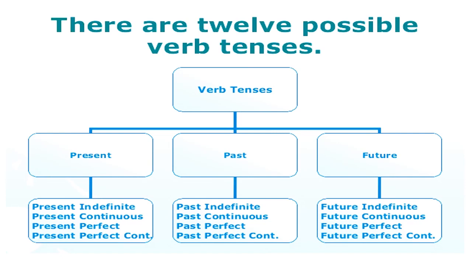Depending on action time, we can divide verb tenses to present, past, future tenses. Each of them contains indefinite, continuous, perfect, perfect continuous forms.